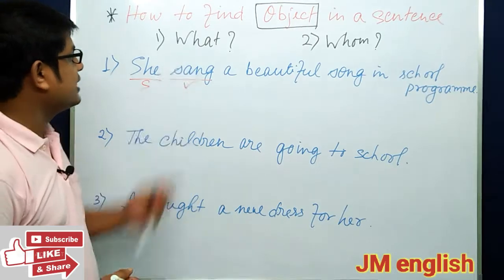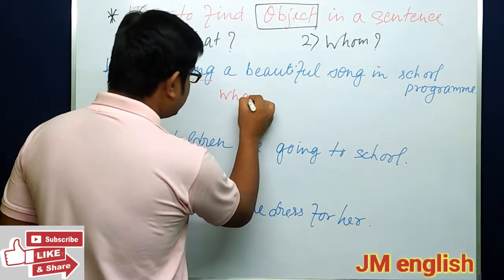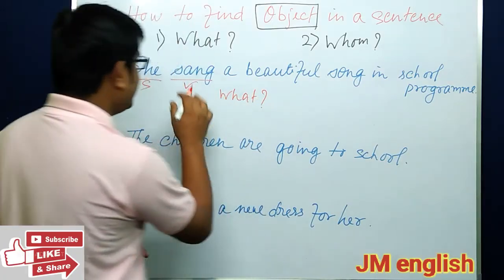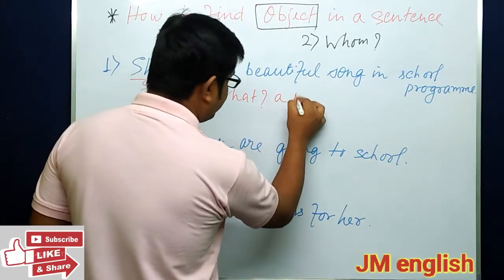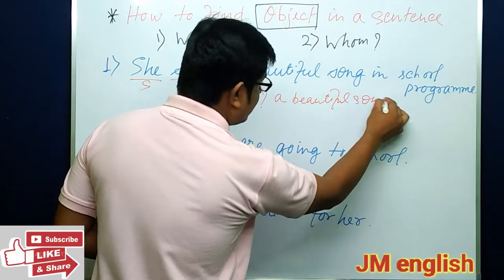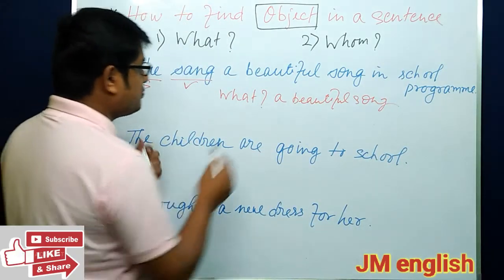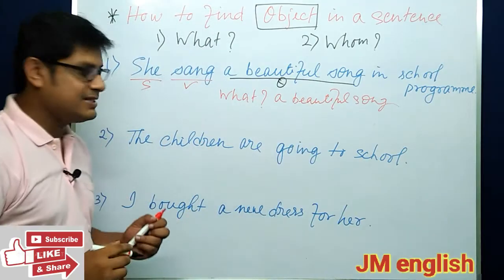See, first question that you have to ask with what. What she sang? And the answer is, she sang a beautiful song. Okay, so this part is object, isn't it?